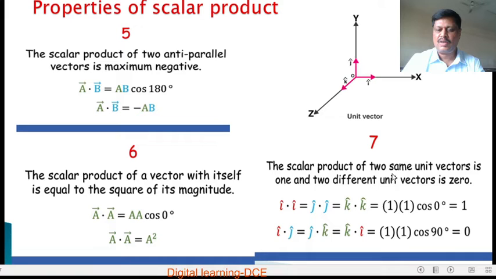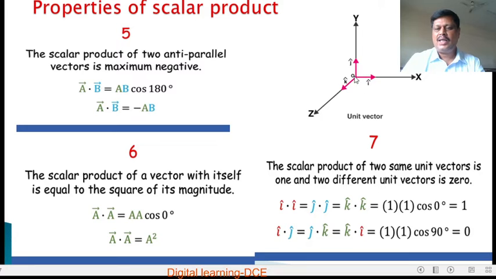The scalar product of two same unit vectors, that is i dot i, j dot j, k dot k, is equal to 1, because you all know that a unit vector is one whose magnitude is 1. So i dot i is 1 into 1 into cos theta.